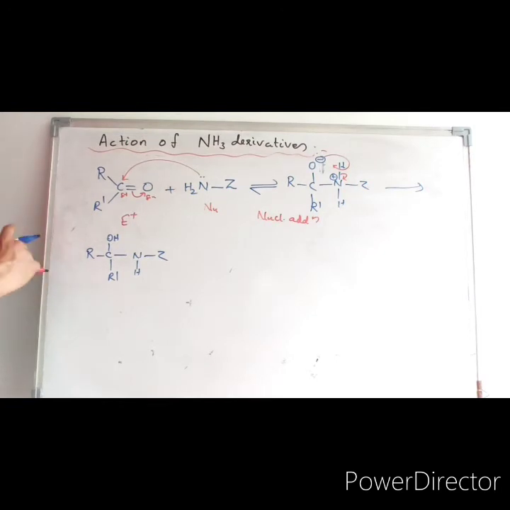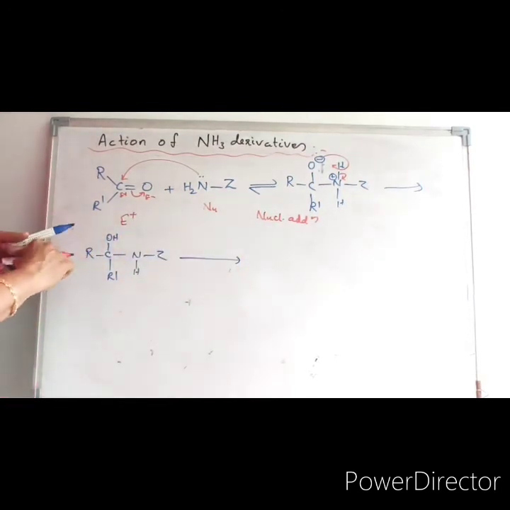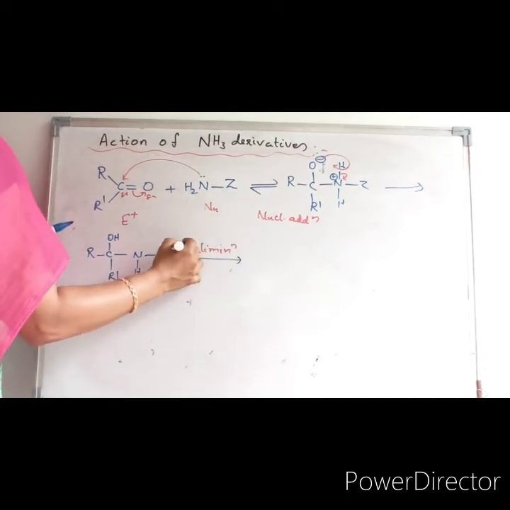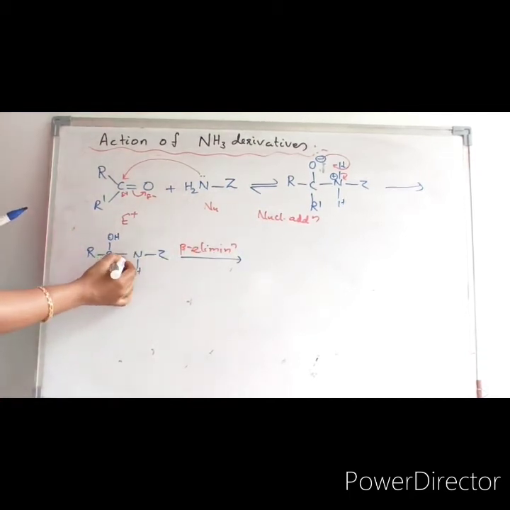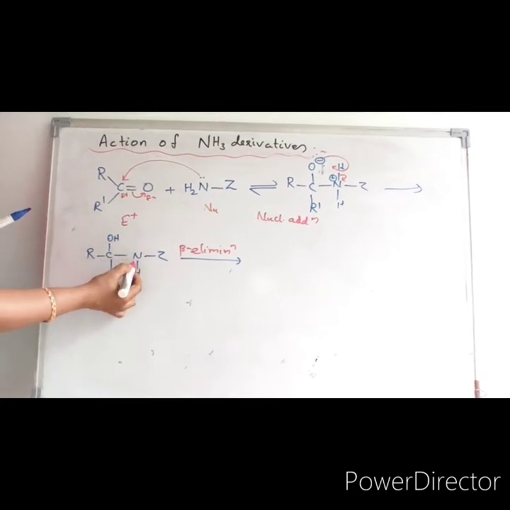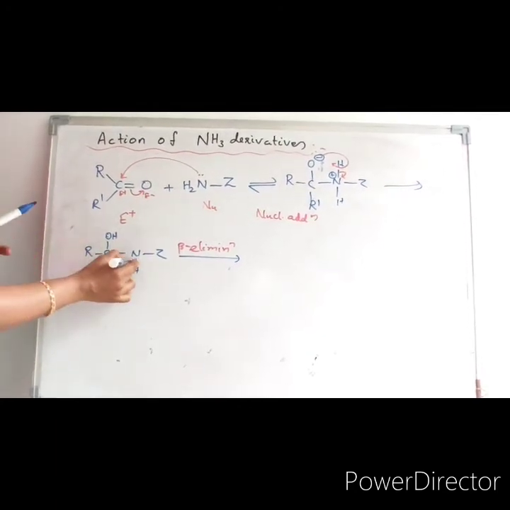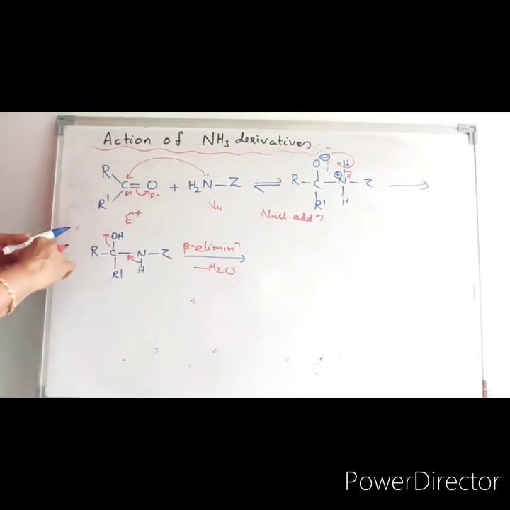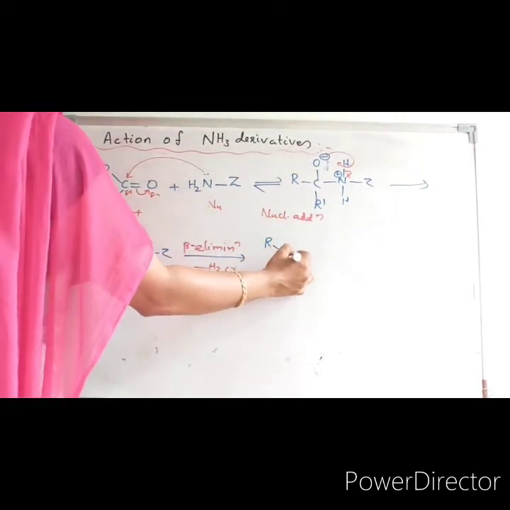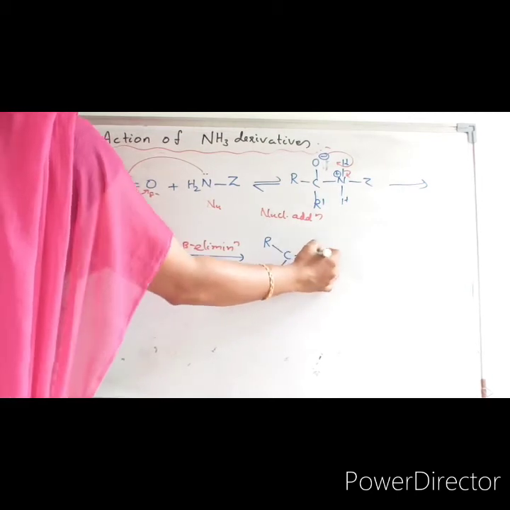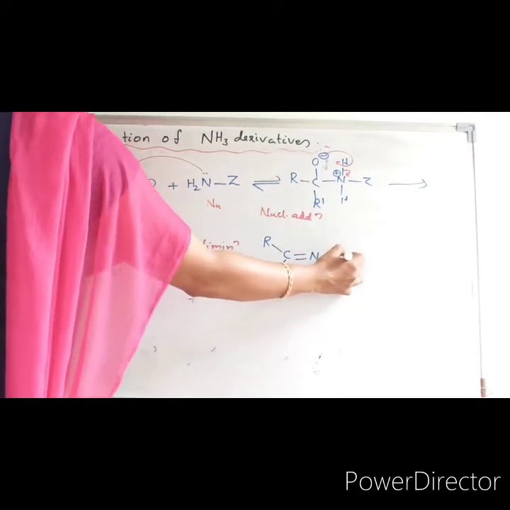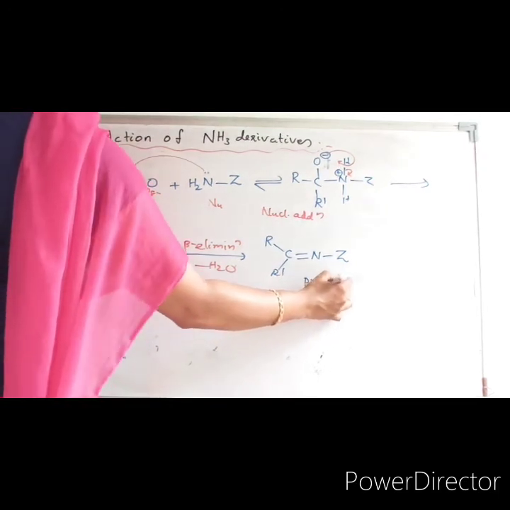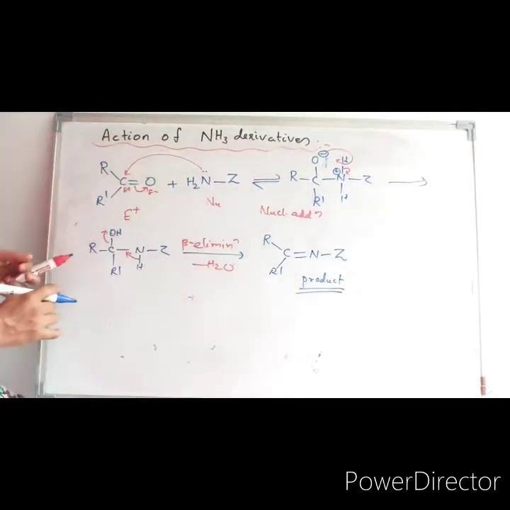Now in the next step, as you know, comes the elimination reaction. Elimination here is called beta elimination, because the elimination happens from the beta carbon. This is alpha, this is beta, so it is called beta elimination: elimination of a water molecule, minus H2O. So the product would be R C double bond N Z. This is the condensation product of ammonia derivatives with a carbonyl compound.